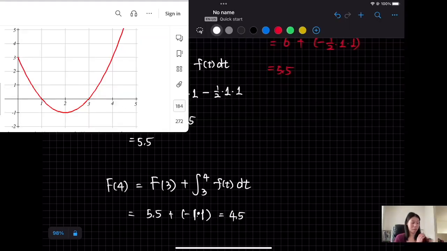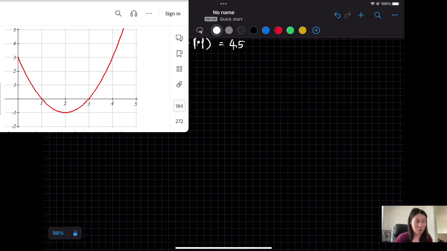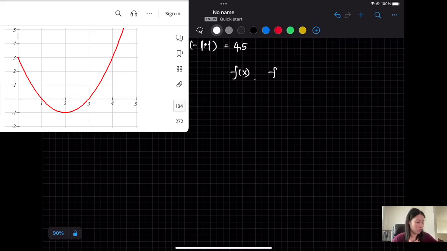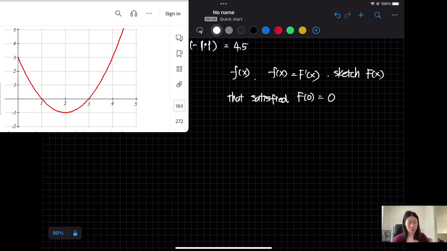So here's another example. This graph shows the function f prime of x. The little f prime means it's the derivative of the original function, the rate of change of f of x. Use that to sketch the original function f of x that satisfies f of 0 equals 0. Okay, so now let's take a look at this function.